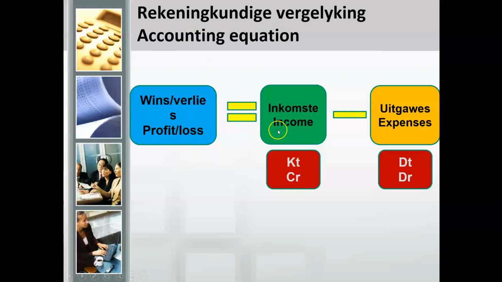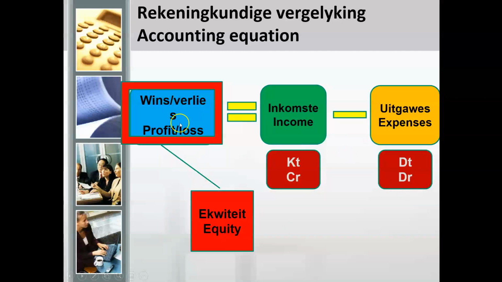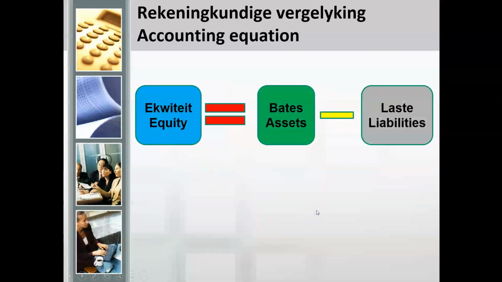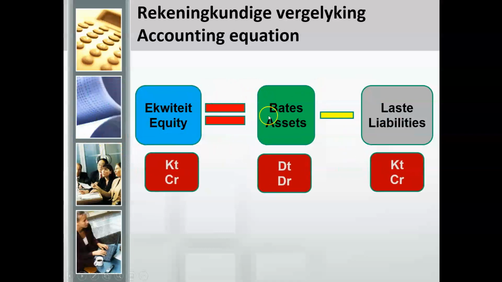So what is profit for the year? It's income, which has a credit balance, less expenses that have a debit balance. So that at the end of the day, the net result will be transferred to my equity account. So in my accounting equation, we'll have equity equals assets less liabilities. So equity has a credit balance, assets have a debit balance, and liabilities have a credit balance.